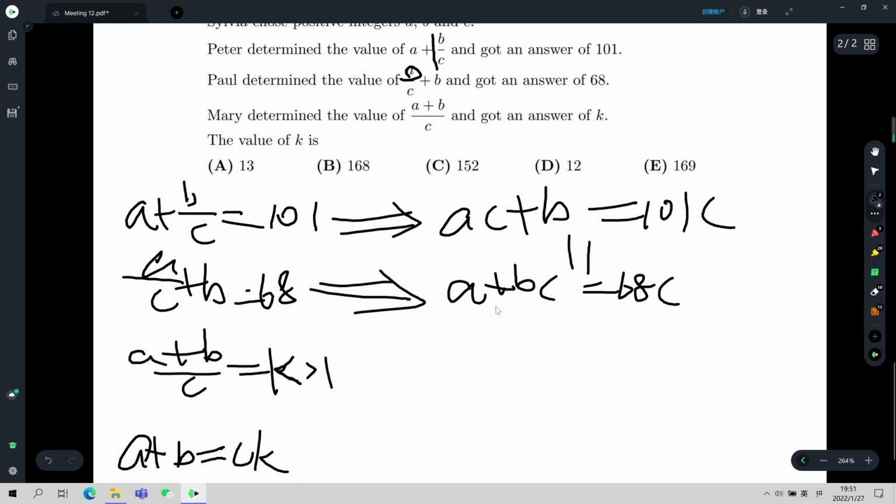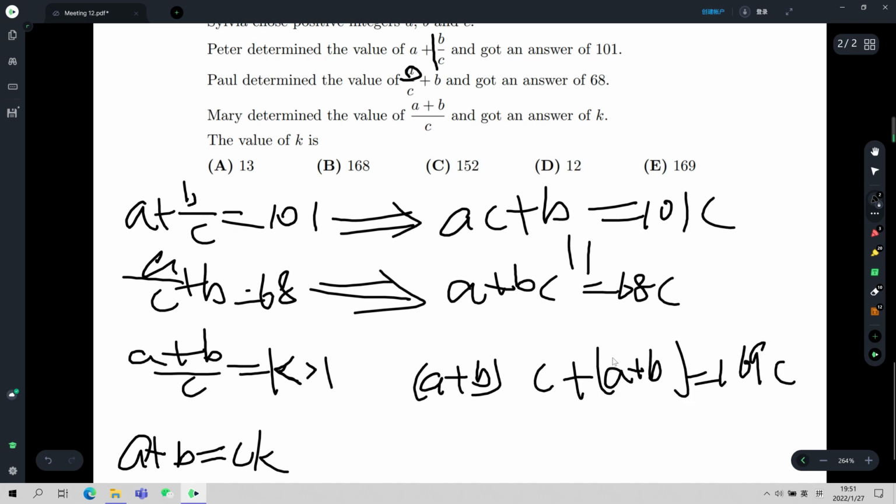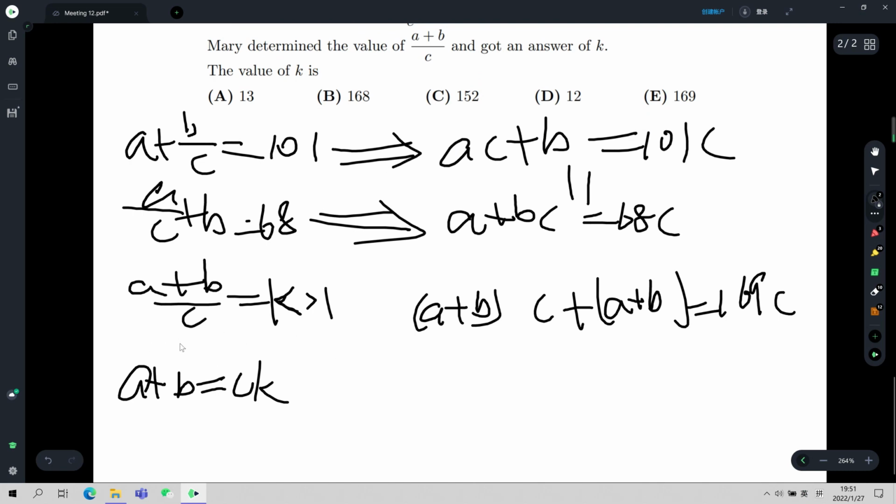Then we can add up these two equations and get a plus b times c plus a plus b equals 169c. And then we can substitute a plus b equals ck. Then c cancels out.